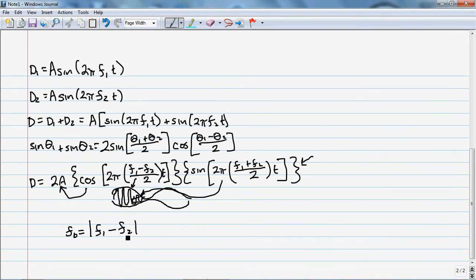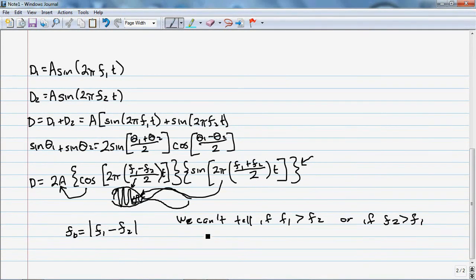Well, why is it the absolute value? Well, we only hear the beats and we hear a tone, but we can't tell if f1 is greater than f2 or if f2 is greater than f1.